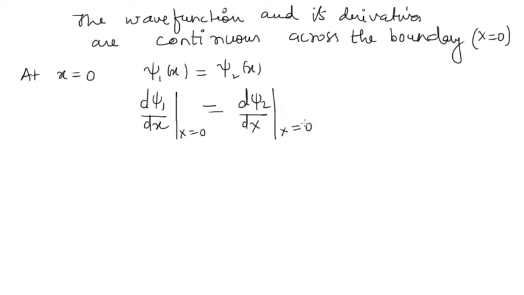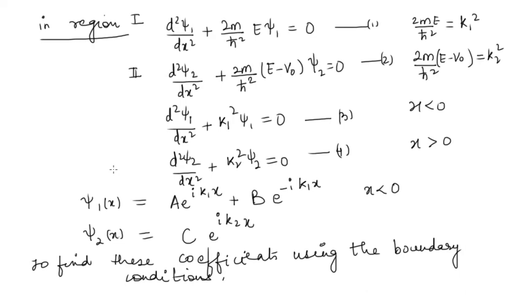Okay, by substituting this, you will see from these two equations, equation number 5 and equation number 6, this is x greater than 0. From equation 5 and 6, when I put x equal to 0, psi 1 equal to psi 2, I will get a plus b is equal to c.